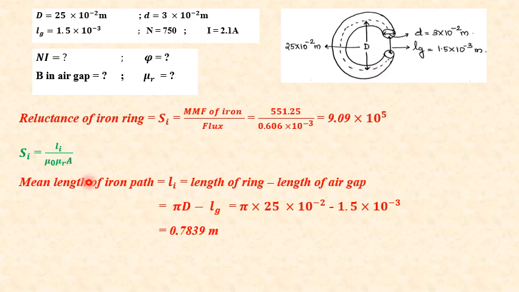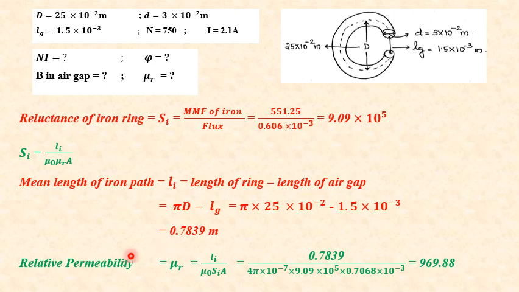So the mean length of the iron path, Li, will be equal to length of the ring minus length of air gap. The length of the ring, that means the perimeter of the ring, is pi into d minus Lg. So mean length of iron path is Li equal to 0.7839 meters.